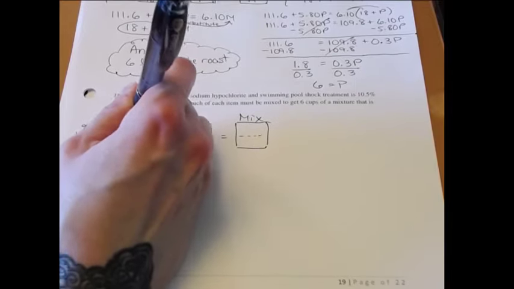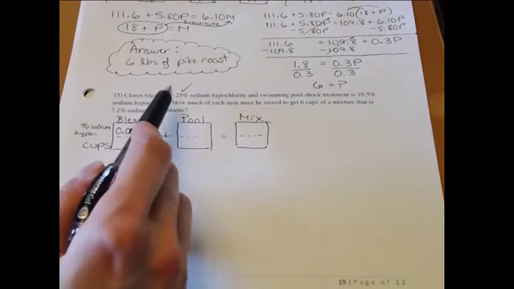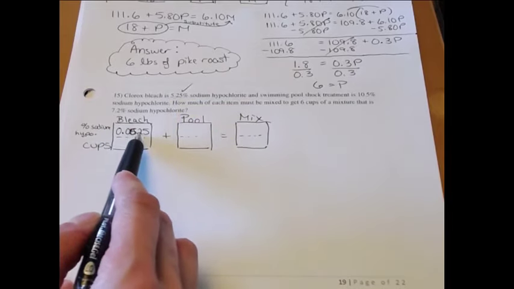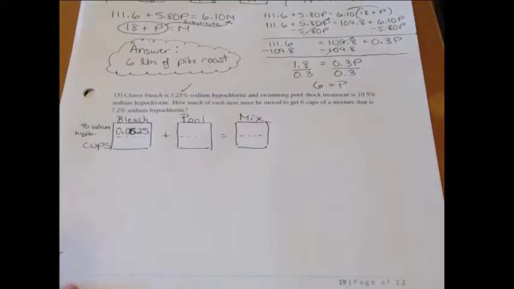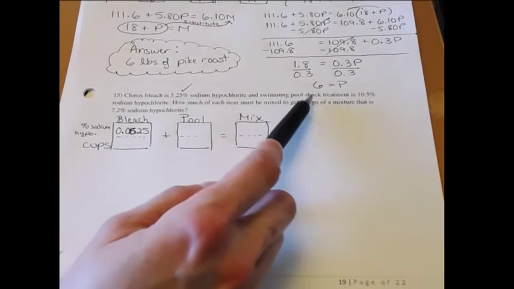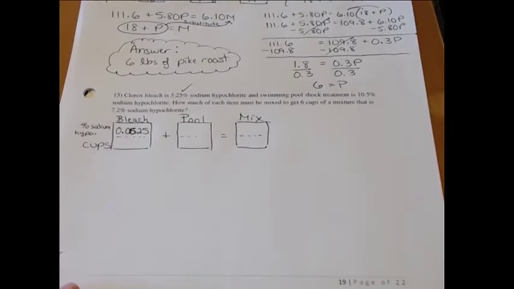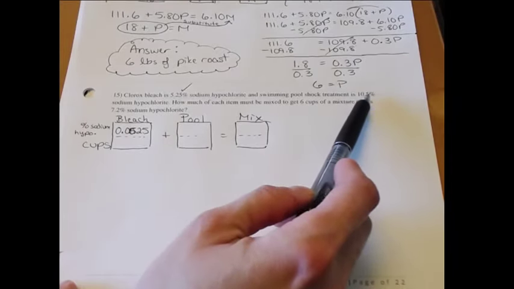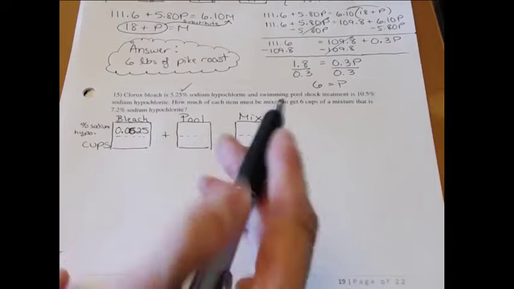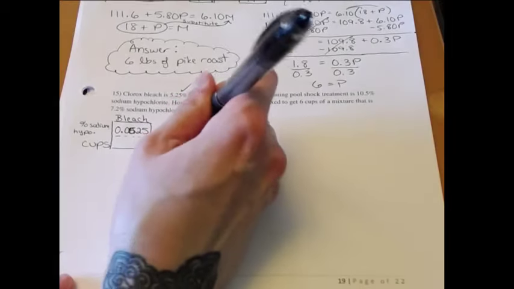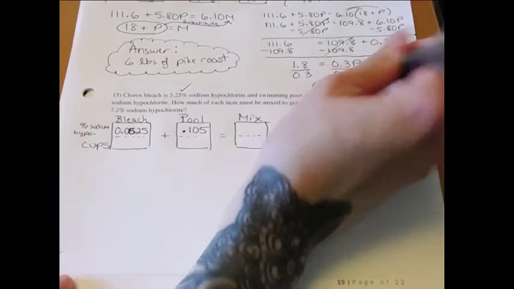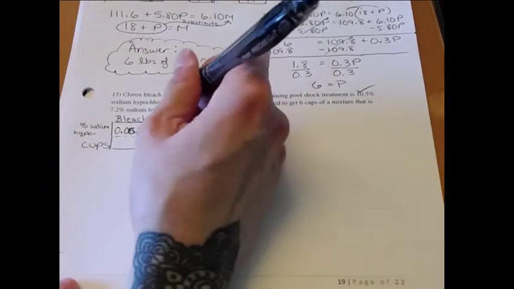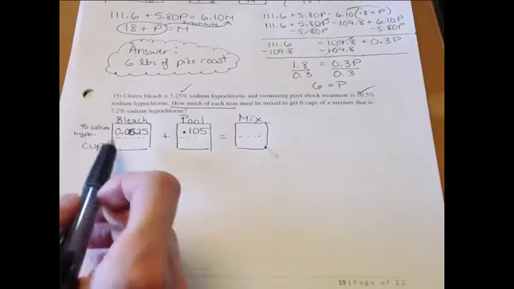I apologize for misspeaking. So we move it 2 places, so 0.0525. That takes care of the Clorox bleach. Let's go to the swimming pool shock treatment. It's 10.5%. So let's move it in twice, just like we did before. That's dividing it by 100. So it's 0.105. Check.